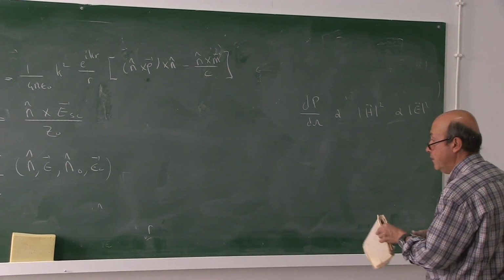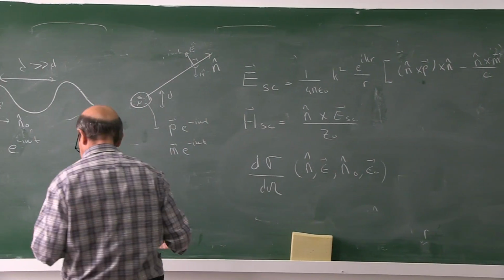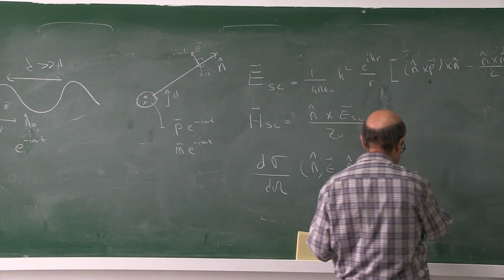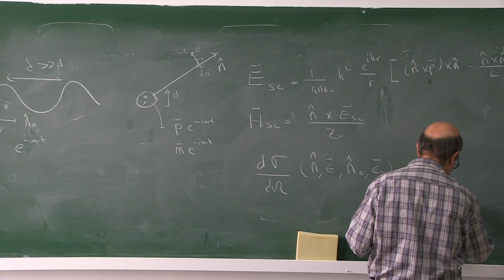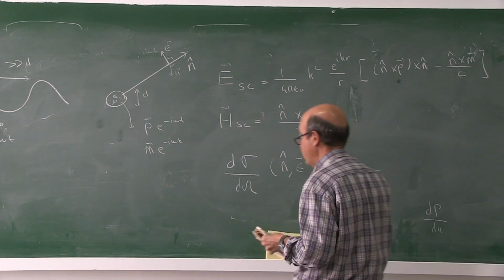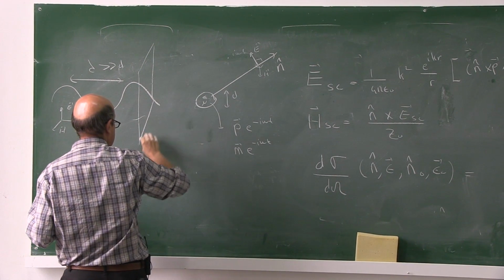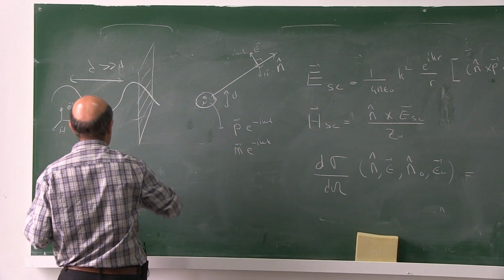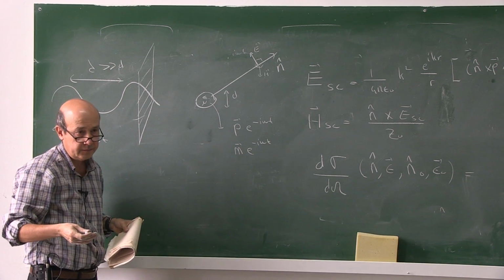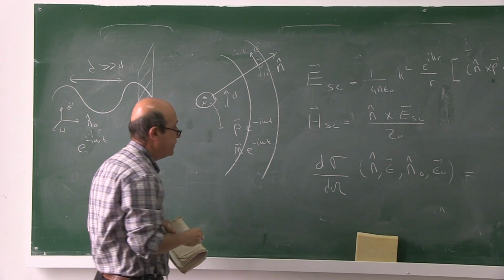So how can we define the scattering cross section per solid angle? For the incoming wave, you have the power distributed over the whole flat surface. If you look at the power on an infinite surface, you will have the power per area. After the scattering, you have spherical waves.